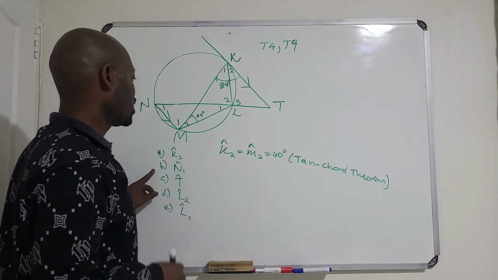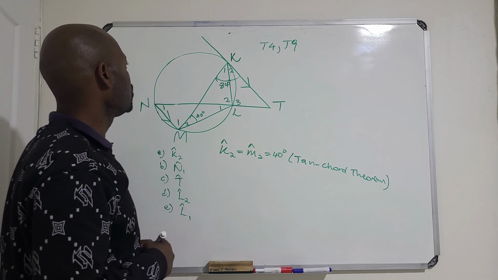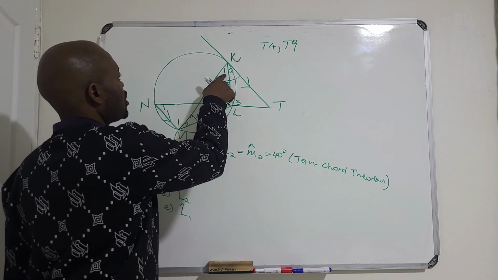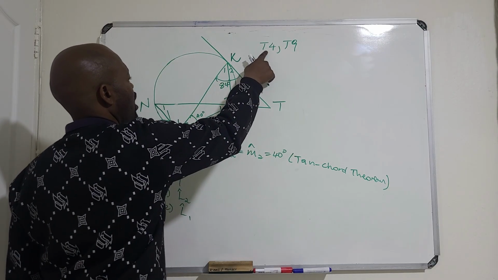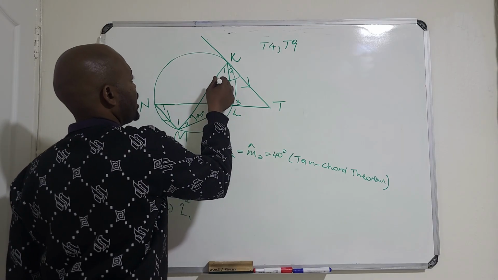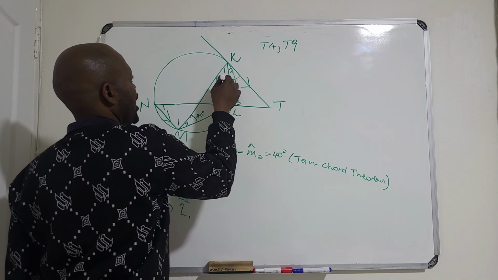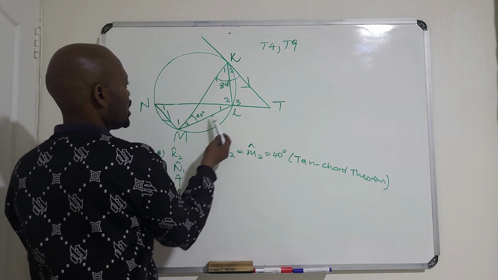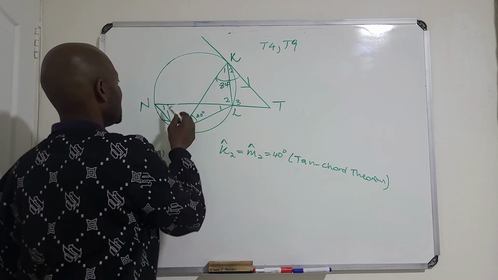Now, we are told to find angle N1. We know that angle N1 is equal to angle K1. Theorem number 4: angles in the same segment. This angle and this angle here are subtended by the same chord, which is ML. They are in the same segment.